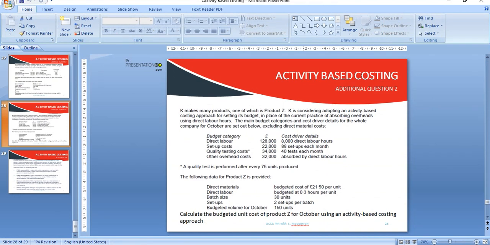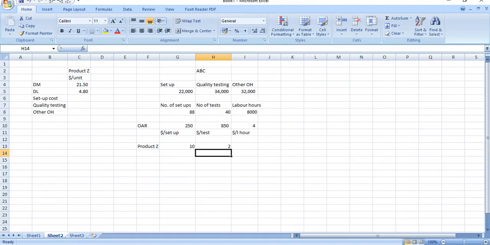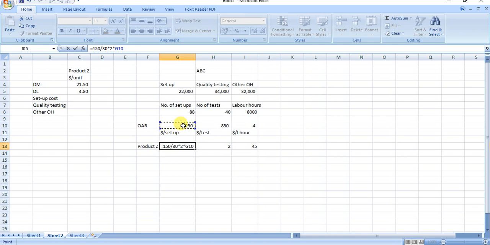Labor 0.3 hours per unit, so 150 times 0.3. I missed the equal sign, right? So that many setups, right? So this many setups multiplied by per setup cost is 250. Multiply. There is the first working.